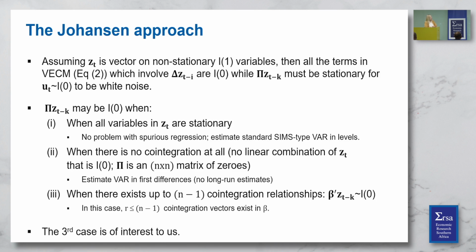When we test for the rank and we find that R is 0, that means we now don't have any co-integration. This is the textbook solution: estimate the VAR in first differences, no long run exists. All that I say is just try a little bit harder before you move there.